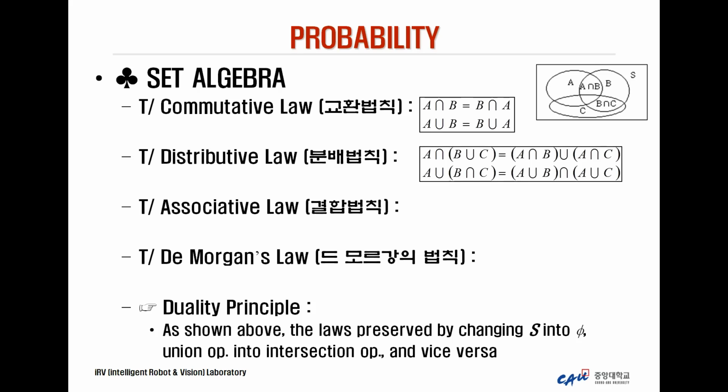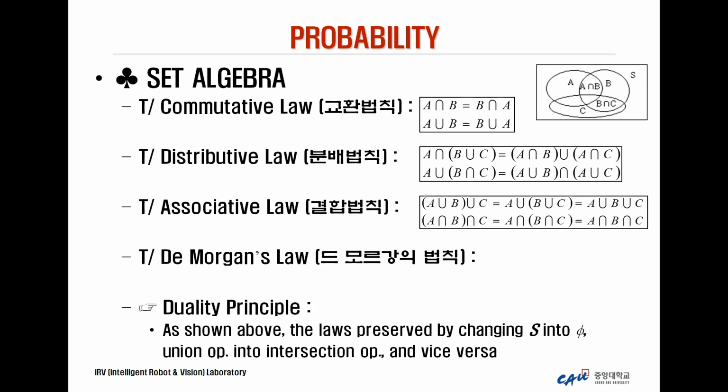You may think of intersection as a multiplication operation and union as an addition operation. So it's like distributing between those operations, union and intersection.